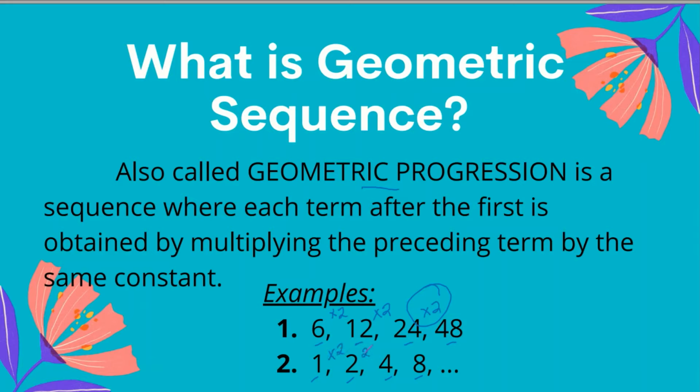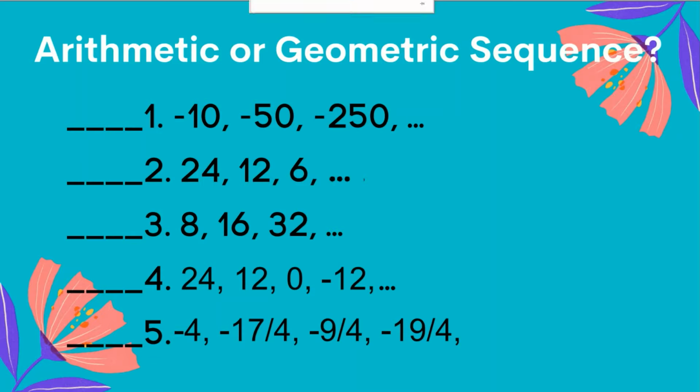Okay, so let us see if you are able to identify the difference between arithmetic or geometric sequence. Number 1, negative 10, negative 50, negative 250. So is this arithmetic or geometric? Okay, so this one is a geometric sequence. As you noticed, we are multiplying each term by 5.